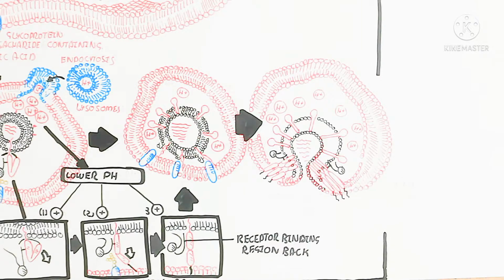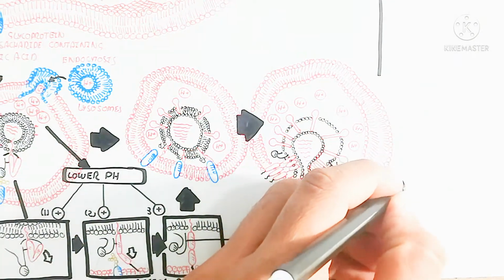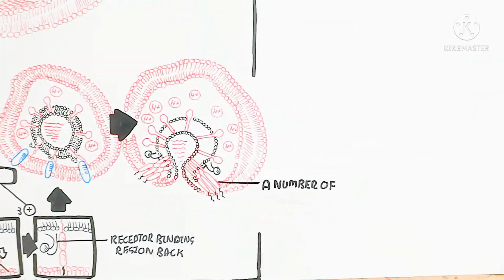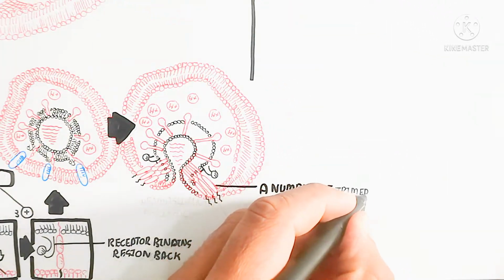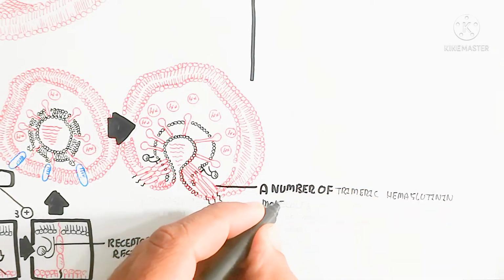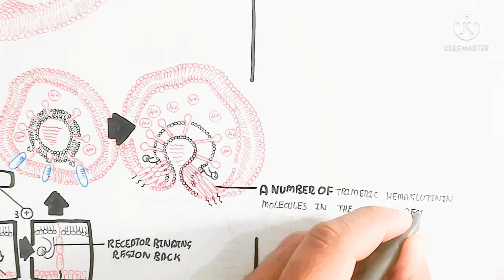So let's discuss this diagram to understand that. In this way the hemagglutinin molecule, the receptor binding region goes back, and it is made up of hemagglutinin. So the hemagglutinin molecule will separate from the receptor, from the sialic acid.